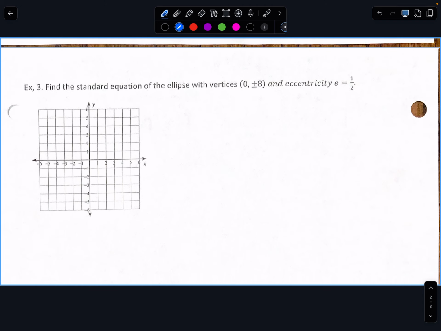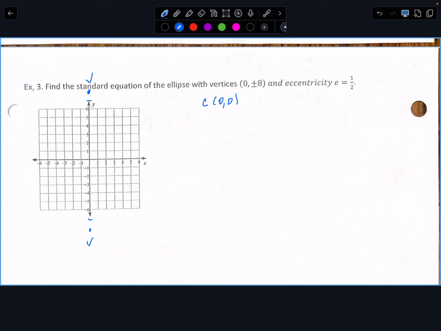All right, and then standard equation of the ellipse with vertices 0 plus or minus 8. So we're up here, we're down here for the vertices, and that means that the center is at 0, 0, because the midpoint of those vertices is 0, 0. So when I'm doing my standard equation, I have x squared over something plus y squared over something equals 1.